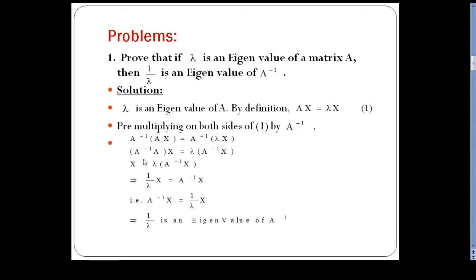A inverse into A gives I, so x is equal to lambda into A inverse into x. Bringing lambda to the opposite side, 1 by lambda x is equal to A inverse into x. Now by comparing with the first equation, the eigenvalue of A inverse is nothing but 1 by lambda.